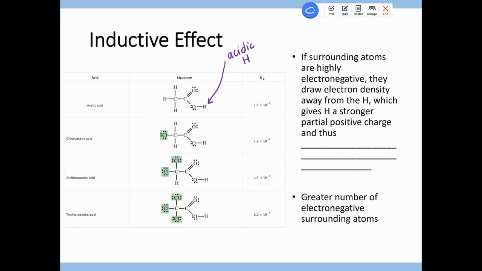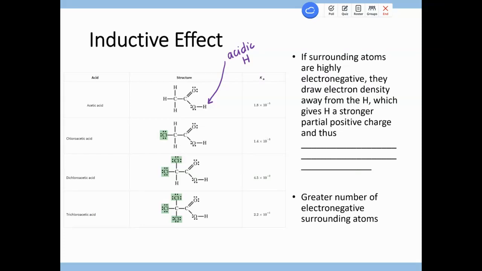They pull electron density away from the acidic hydrogen, making its partial positive even stronger. So through the molecule, because they're electronegative, they pull electron density, and that's what the inductive effect is: pulling electron density through the molecule, making this more positive.